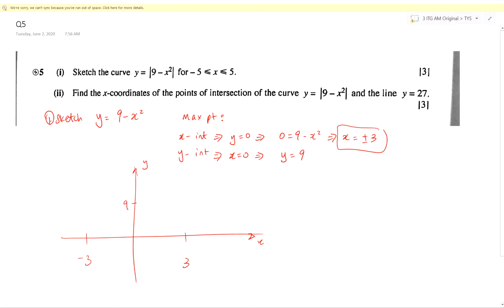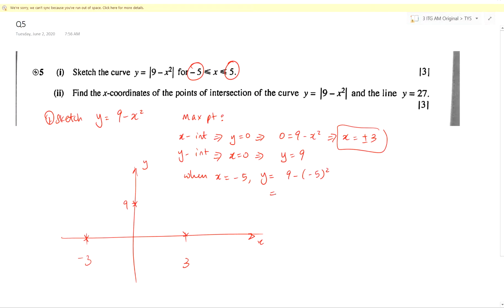Okay so far? Okay, so these are crucial points that we must have. Besides these 3 points, there are actually 2 more points that we need to show. Negative 5 and positive 5, because these are the endpoints that were requested for. So you have to show when x equals to negative 5, y equals to 9 minus negative 5 squared.